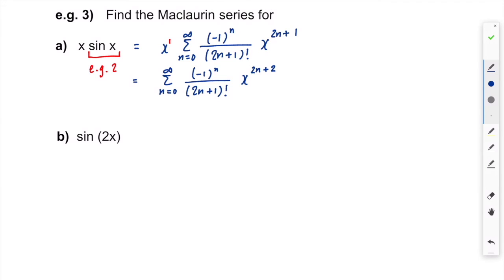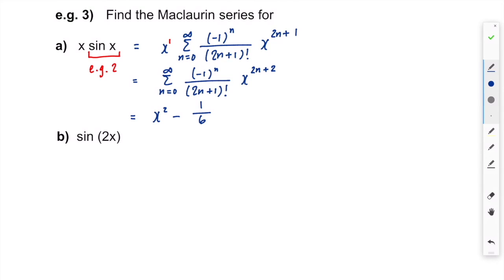So let's list the first couple of terms of this new Maclaurin series. First term, when n is equal to 0, I have 1 over 2 times 0 plus 1 factorial, so that's 1. x to the power of 0 plus 2, that's x squared. Second term, when n is equal to 1, I have negative 1 to the power of 1, so that's negative 1. 2 plus 1 is 3, 3 factorial is 6.